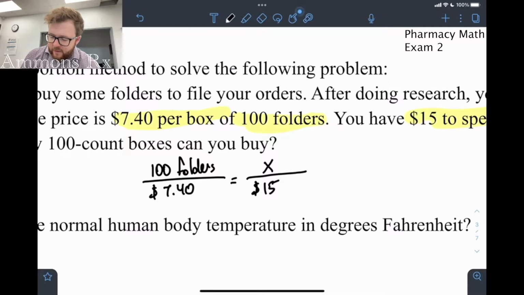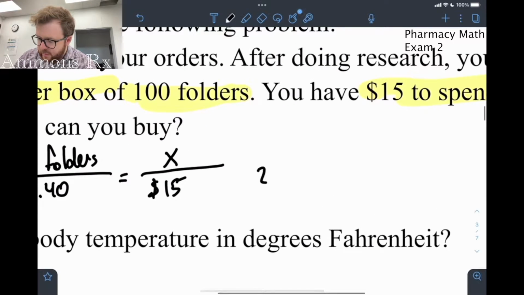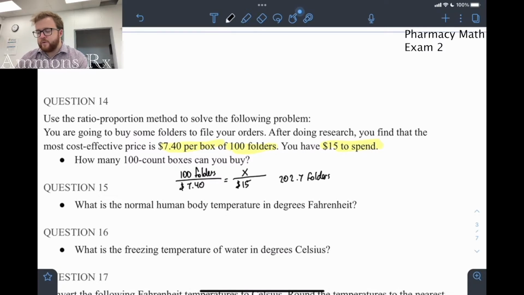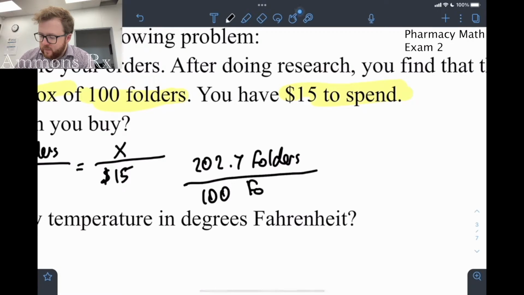So it turns to 15 times 100 divided by 7.4, which is 202.7 folders. You notice that there are 100 folders for a box, so we're going to divide by 100 folders per box.